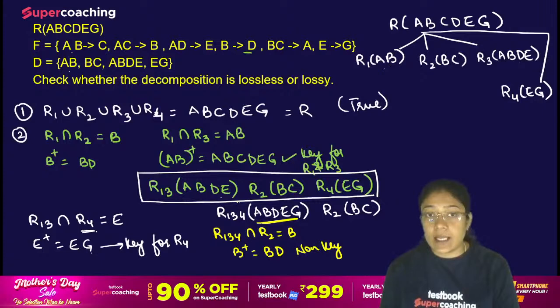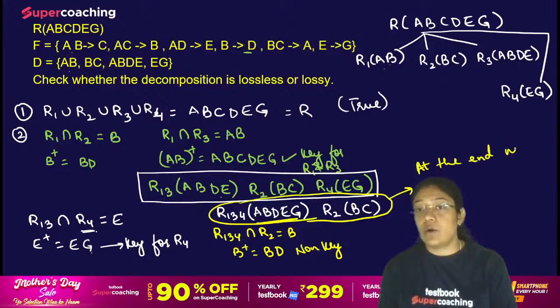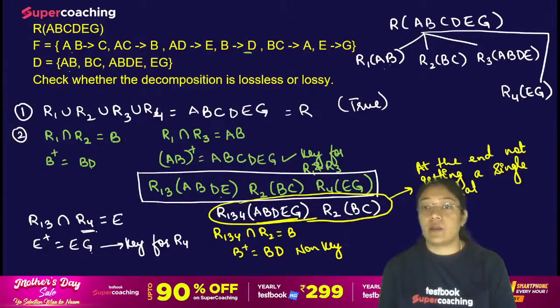And since at the end कोई option बची नहीं है, so at the end, we are not getting a single relation. So we can say that the given decomposition is lossy.